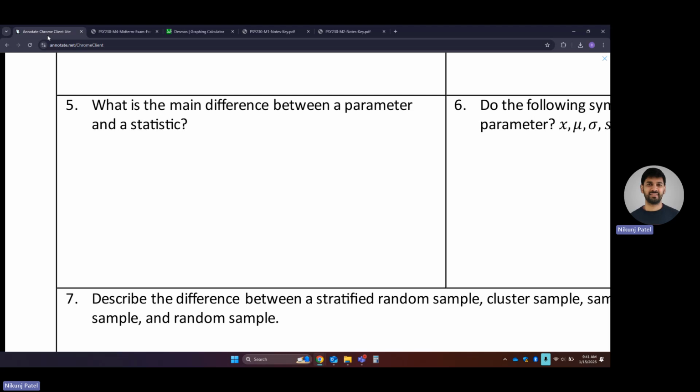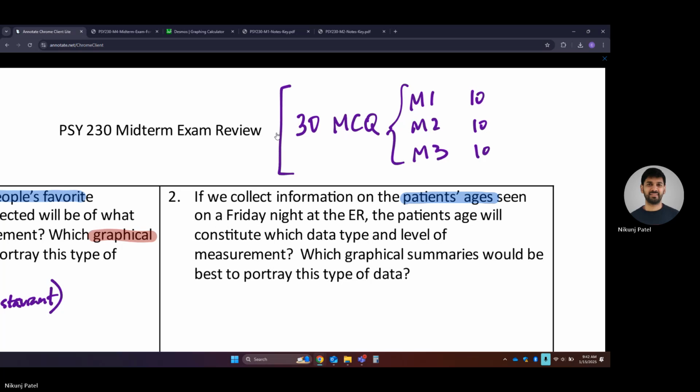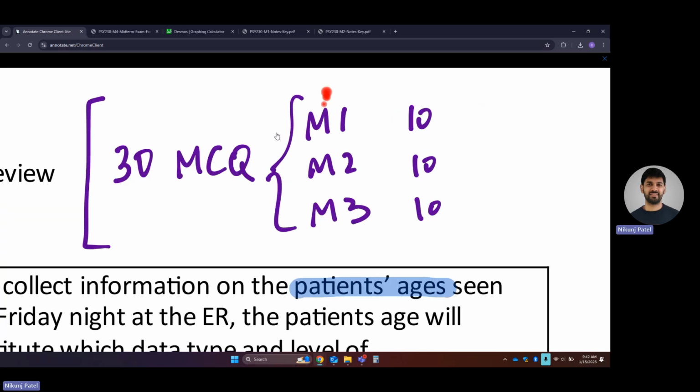Let's look at number 5 now. Number 5 says, what is the main difference between a parameter and a statistic? So these are vocab type questions. And as I mentioned earlier, at the very top, your exam breakdown looks something like this: 30 multiple choice questions. Since there's 30 questions, some of the questions are vocab questions, and some of the questions are calculation-based questions.